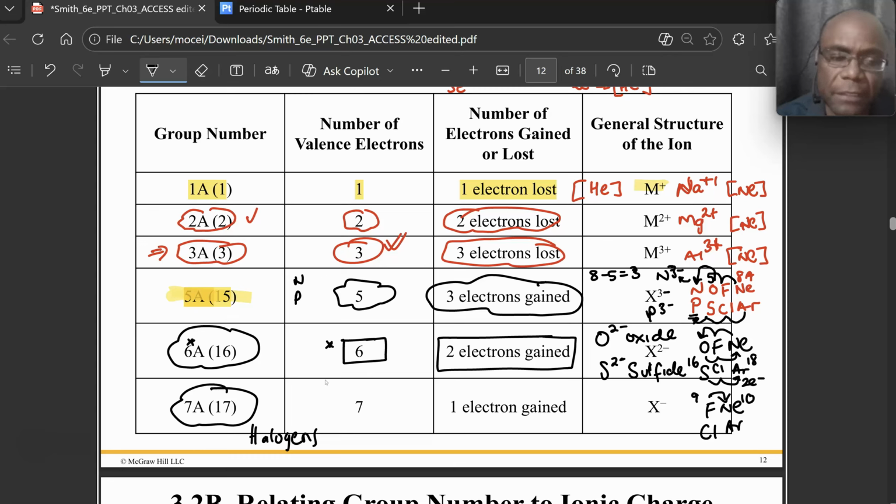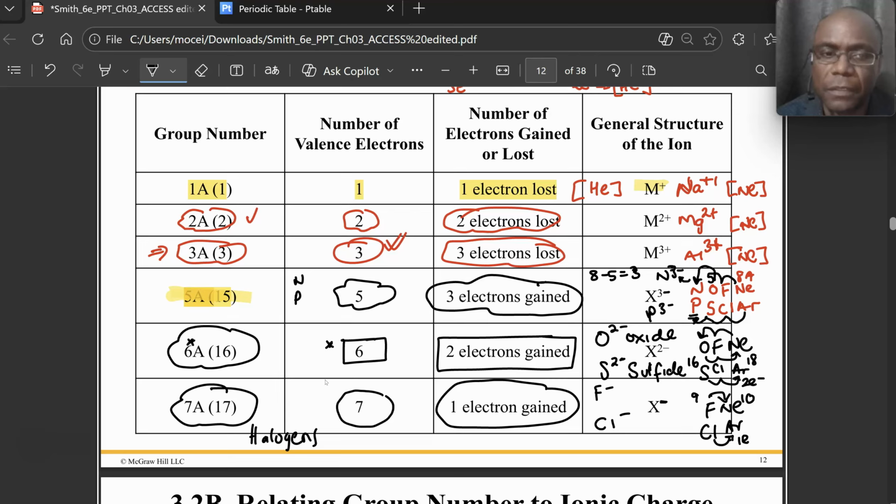So fluorine will need to gain 1 electron. So it's going to give you an ion X minus, fluoride. Same thing with chlorine. Going to argon, it needs 1 step, or it needs to gain 1 electron. 1 electron gained, and it gives you a chloride. So that is the idea. Since you're 1 step to 8, these halogens must be in group 7.